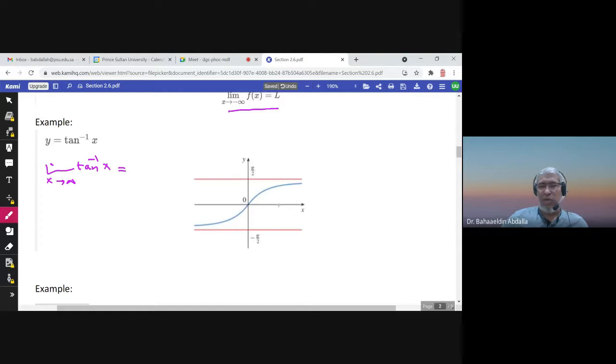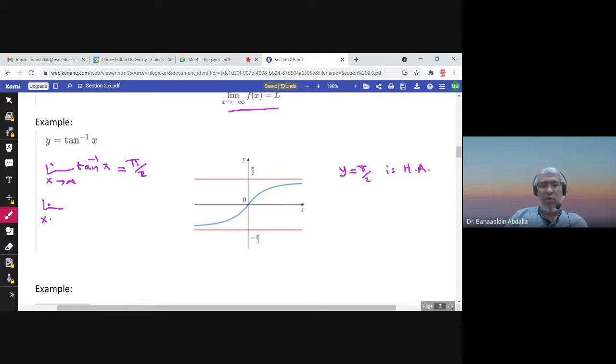As x approaches infinity, tan inverse goes to the number pi over 2. Because of this, the line y equals pi over 2 is a horizontal asymptote.